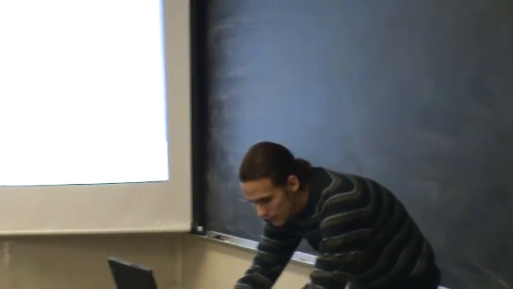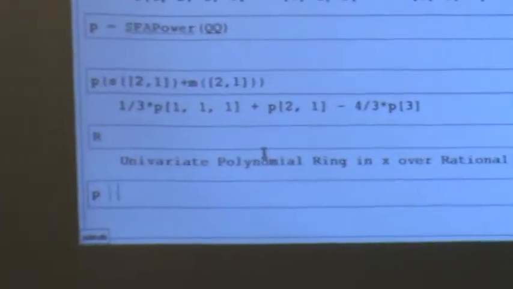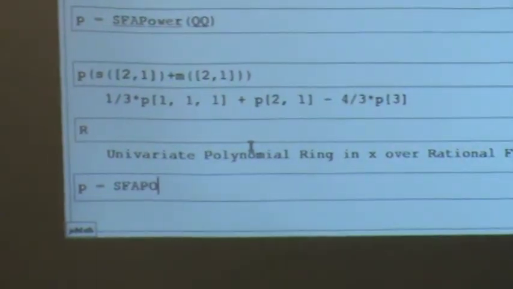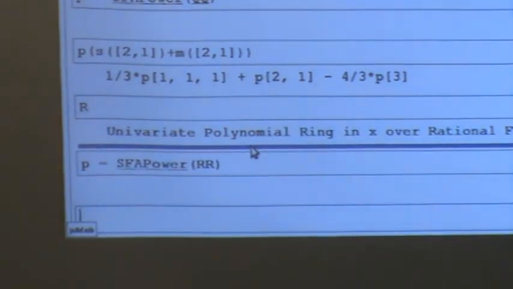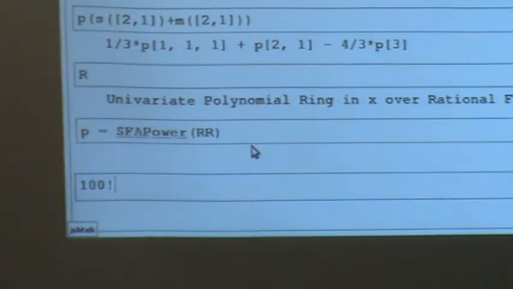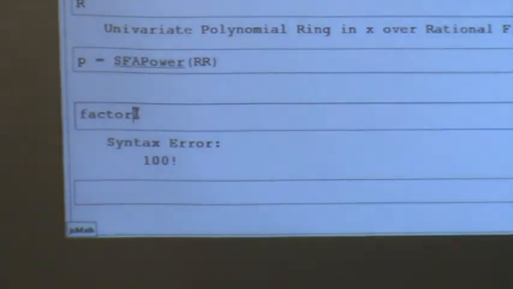I assume you can use different rings for coefficients? Yeah. I think I defined R, so I can make, say, P equals SFA. And will that use big numbers if you need to? Yeah, Sage is smart. Oh yeah, sorry, I don't have it.